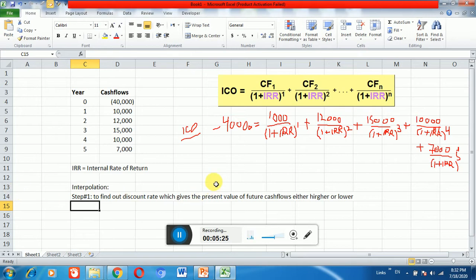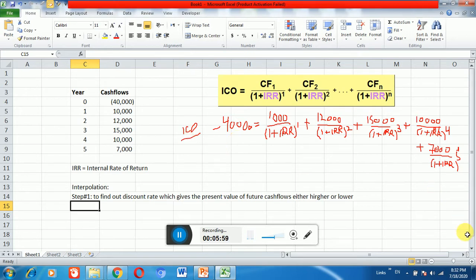In the first step, try to put here an interest rate which gives you a present value either higher than 40,000 or lower. Any value you can try here. When you try it, at the end you will check whether the computed value comes out higher or lower. So let me try 10%.